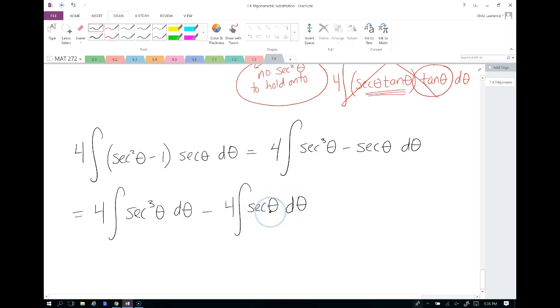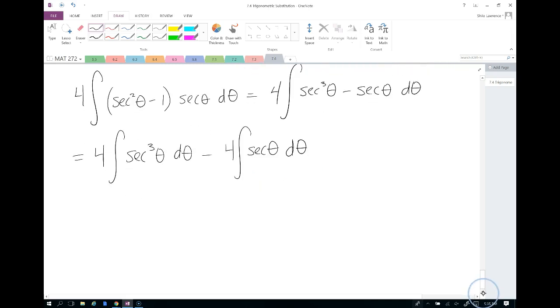So the antiderivative for secant is easy. As we said back in our section 3 video, we've got a table in the book that gives us all the antiderivatives for secant, tangent, secant, and cotangent, and they all involve logs. So that one's going to be pretty easy to do. But this one is where we're going to have to do the most work.